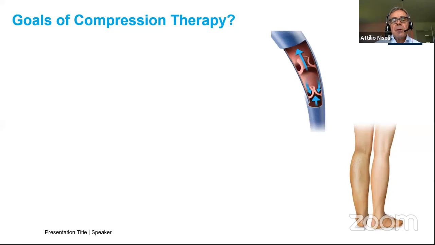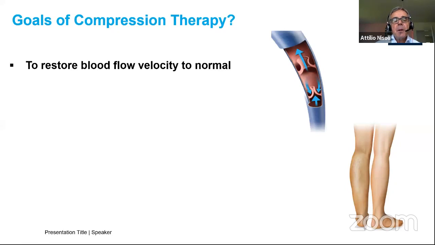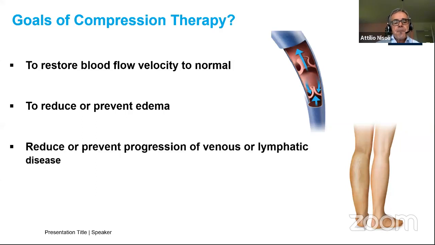So what are the goals of compression therapy? We would like to restore the blood flow velocity to normal, but we also would like to reduce or prevent edema, and reduce or prevent progression of venous or lymphatic disease.